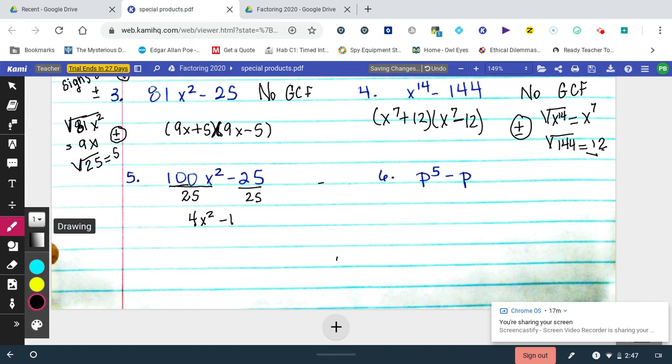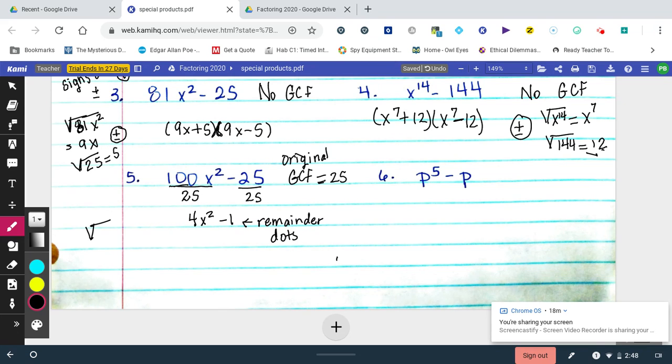All right, so the original GCF was 25. When you divide, this is your remainder. You always want to check the remainder to see if it can be factored. It can be factored because it's a difference of 2 squares.